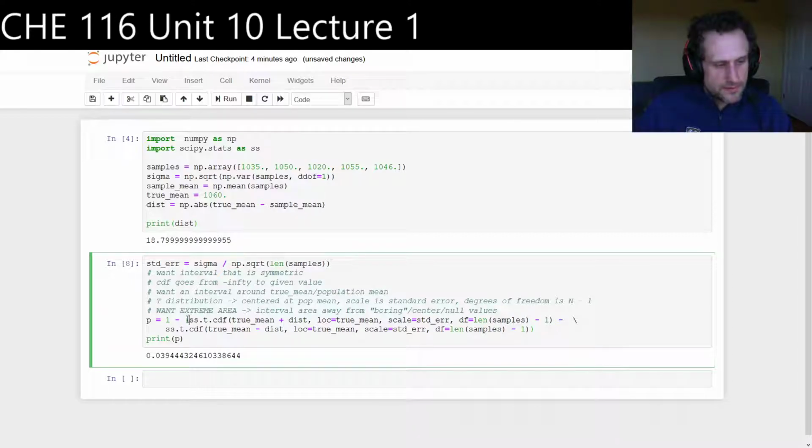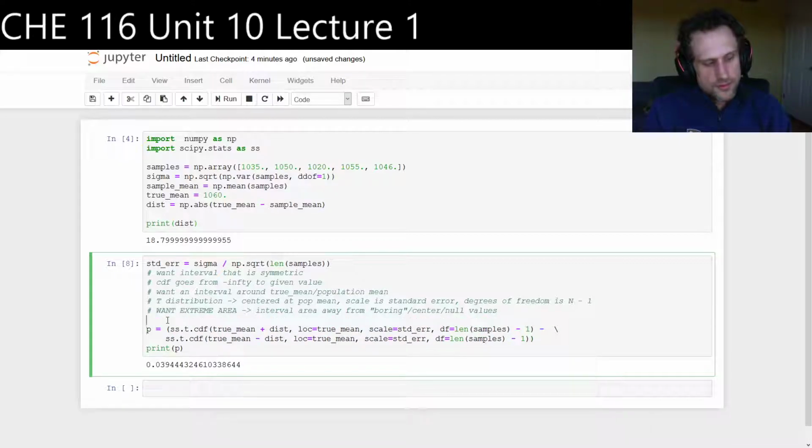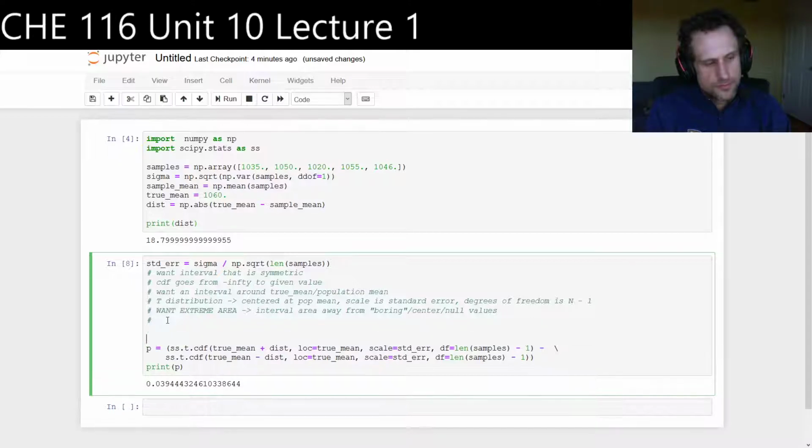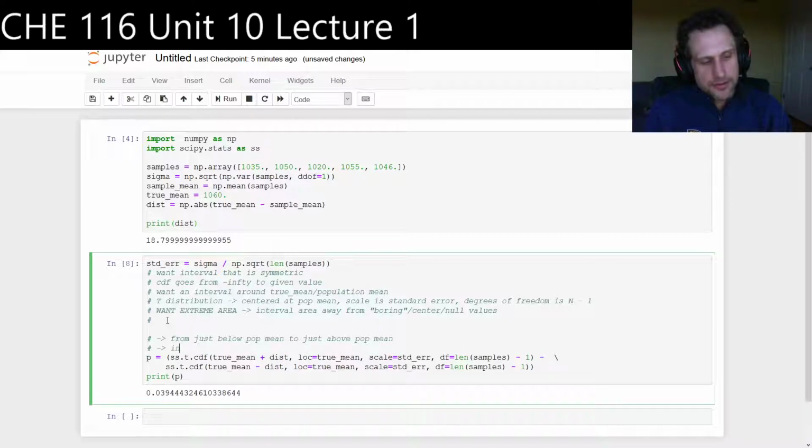This first calculation is currently from just below the population mean to just above it. So I'm calculating the interval for where the sample mean lies, and I'm saying that it's right by the population mean. That's why this first area is not for extreme values.